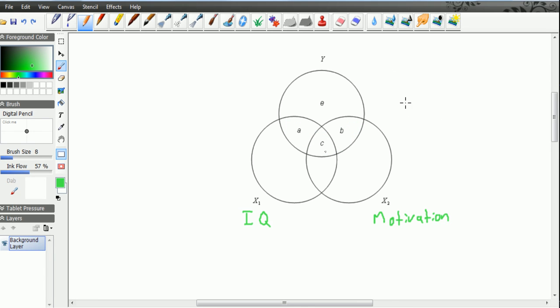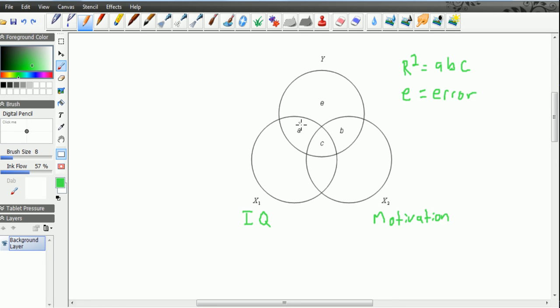Now notice C only gets to count once, it doesn't get to count twice, even though it's part of all three variables. Now E would be like our error or residual. That's how much of the total variance in Y we did not explain.